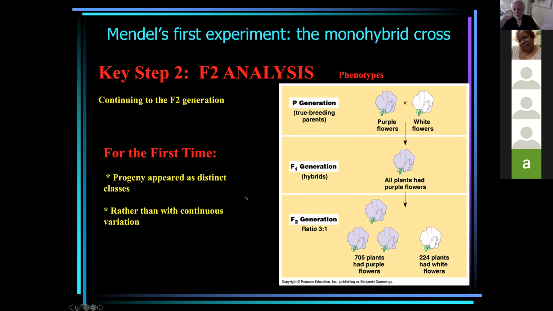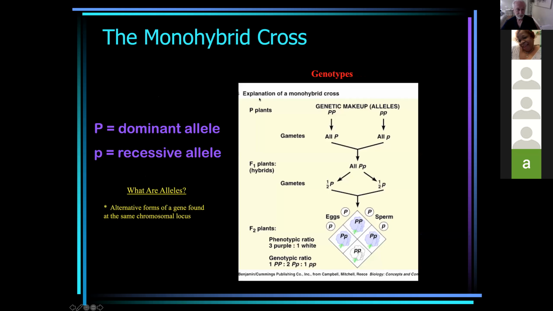Now that shows the phenotypes. So let's take a look at the genotypes. And in this case, we're going to call the purple plants big P for purple, big P because it's dominant, and we're going to call the white ones little p because they're recessive.